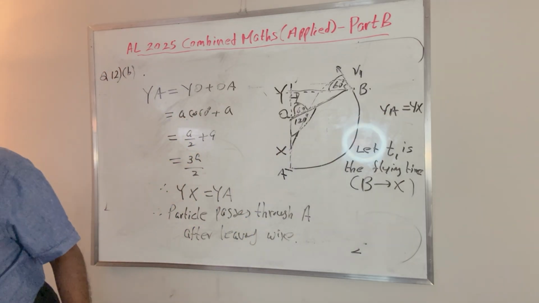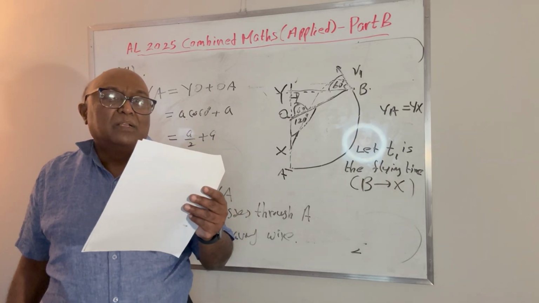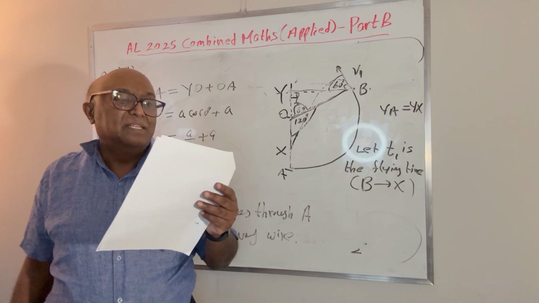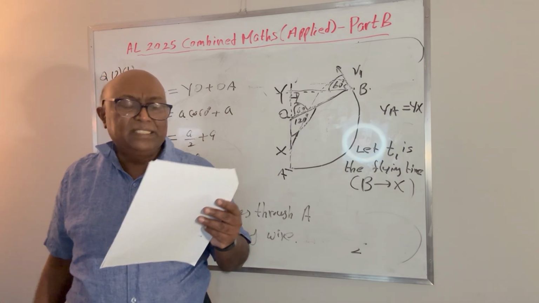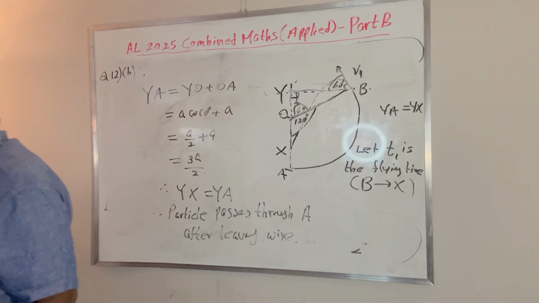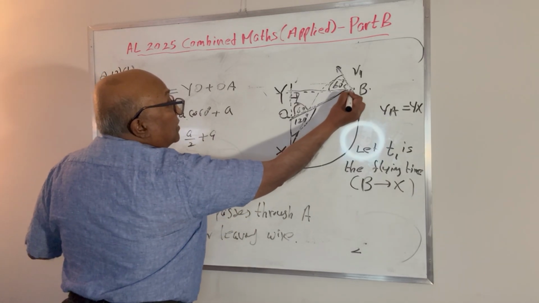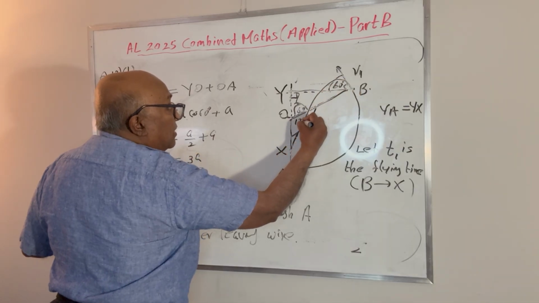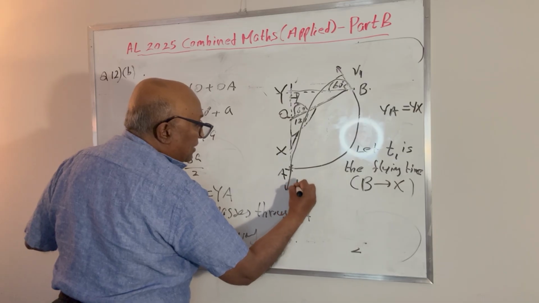But that is also not the end. Finally, they have asked one more thing: find the speed of the bead when it reaches A. How do you find this? Now it is reaching A, we have to find this velocity or speed.